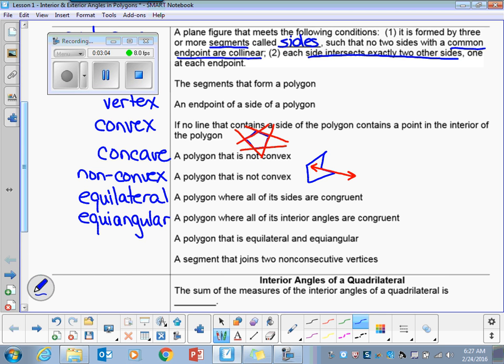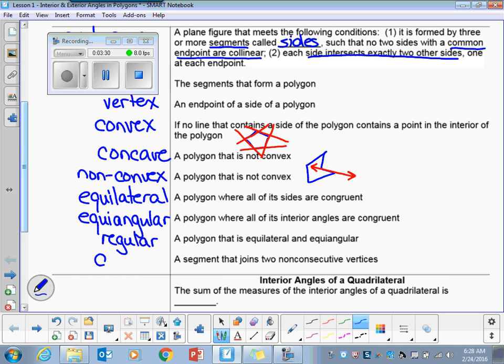That is not necessarily true as you look at other polygons. A polygon that is both equilateral and equiangular is regular. Irregular would be a polygon that is neither equilateral nor equiangular. If it doesn't meet one of the criteria, it is irregular.